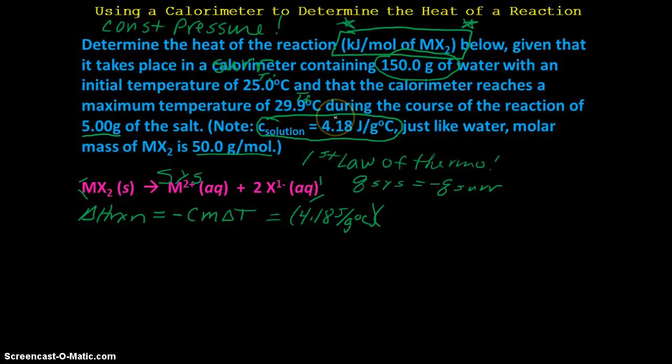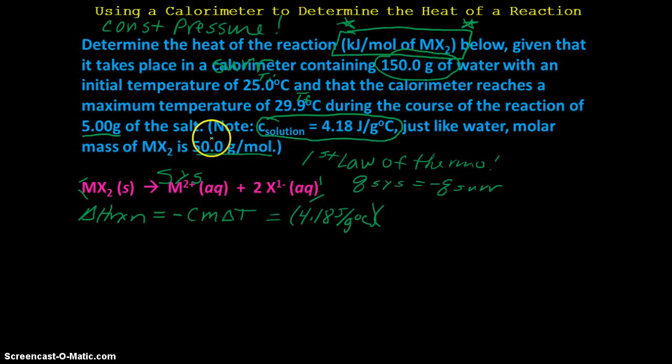The mass is going to be a little different than what we've done in the past. Because I'm going to put this stuff, even though it's the system, into the calorimeter, it's going to increase the mass of the water inside the calorimeter because it's going to become a solution. And so I can't physically separate the two once the reaction starts.